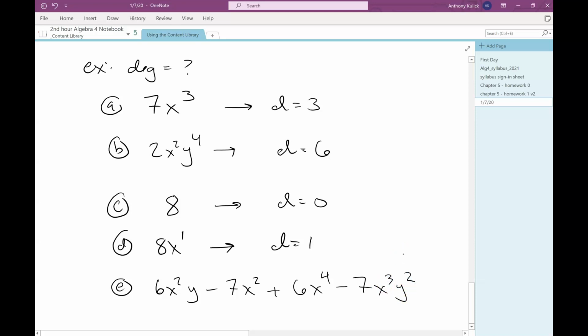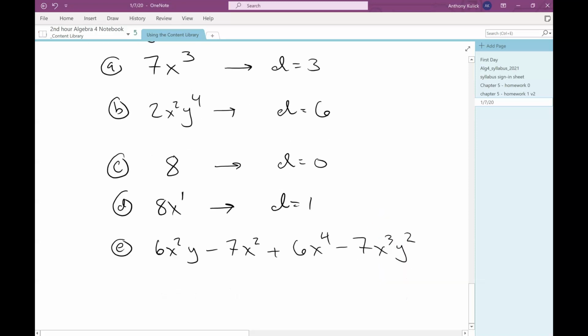And whichever one is the biggest, that's the degree for the polynomial. So this first monomial is degree 3. The second one is degree 2. We have degree 4. And then we have degree 5. So for the polynomial, we are degree 5.